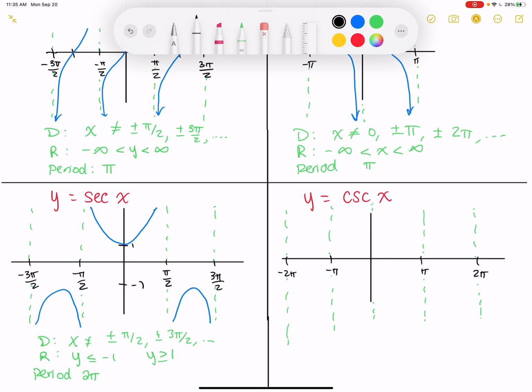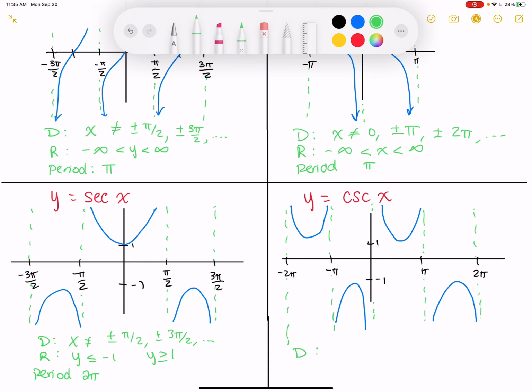I forgot to put my little 1 and -1 on here. So then this one, something like that.